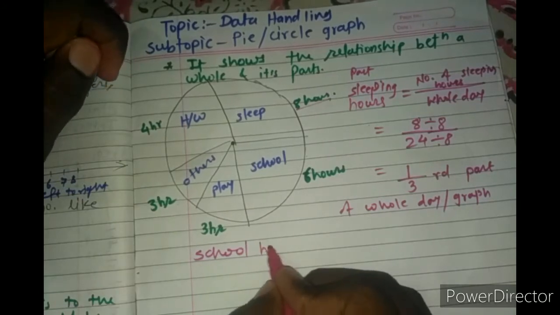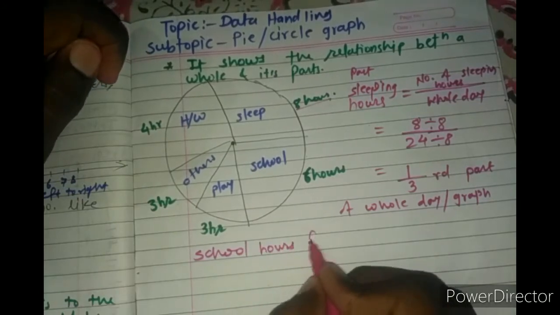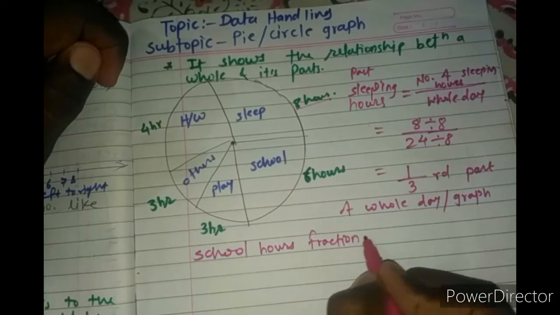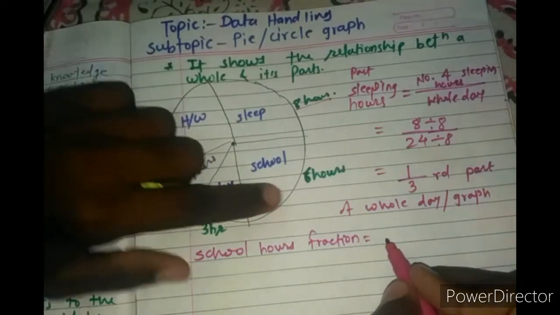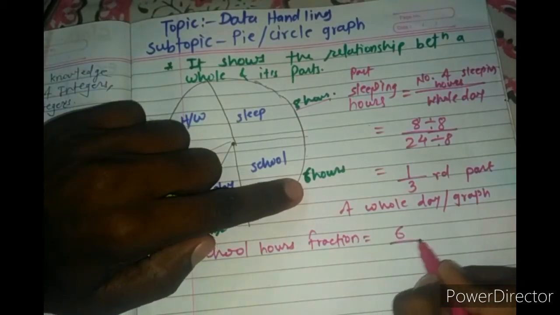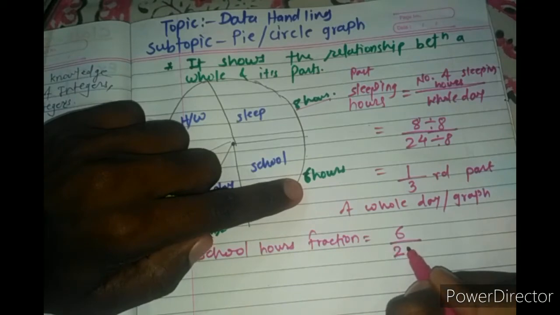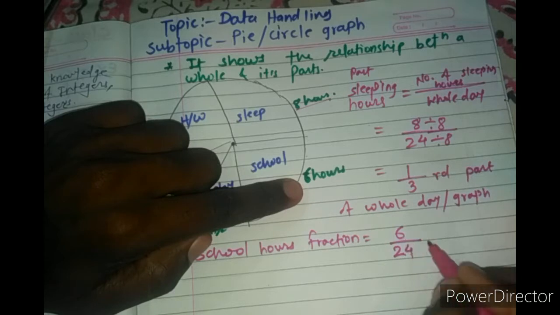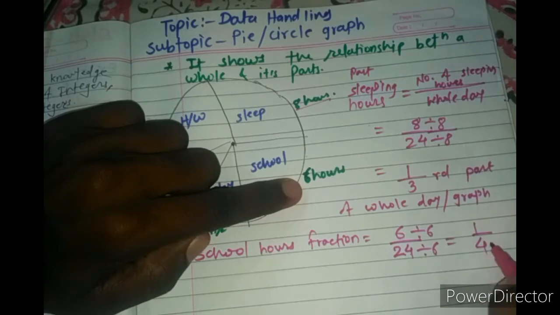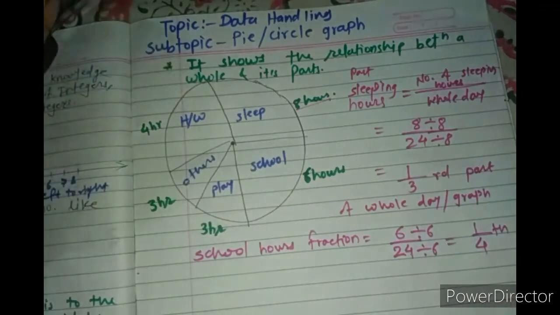School hours fraction is equal to the number of hours spent in school, 6, upon the total hours of the day, 24. And 6 by 24, you can divide by 6. 6 ones are 6, 6 fours are 24, so 1 by 4 part of the day.